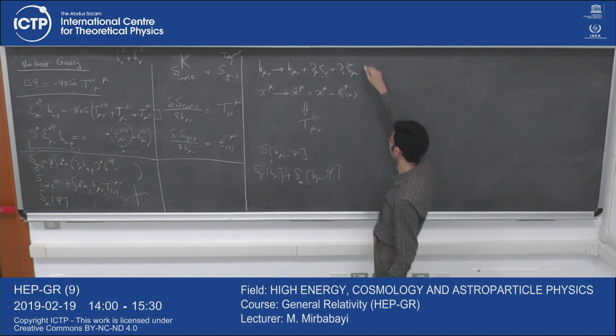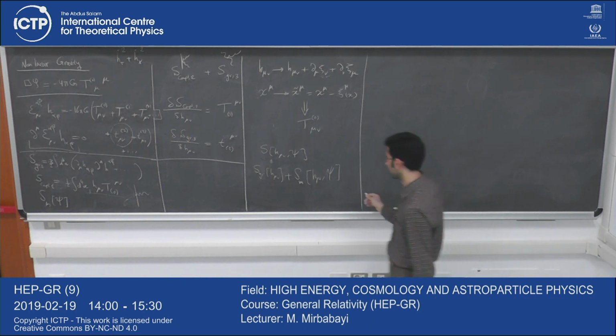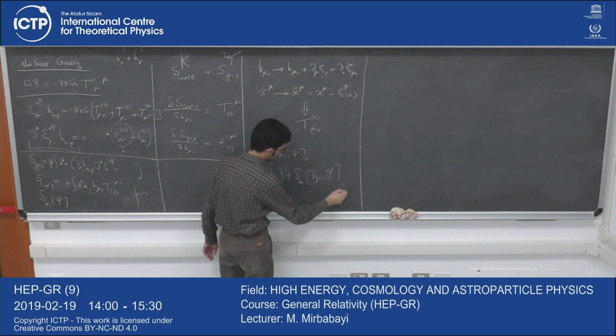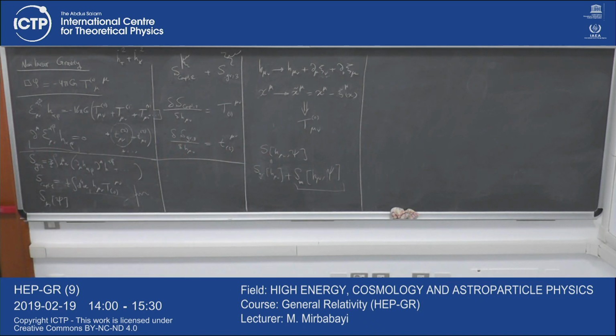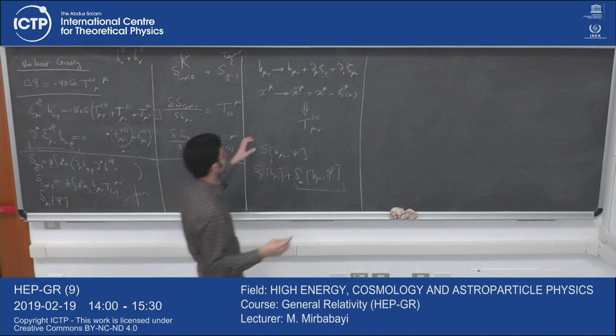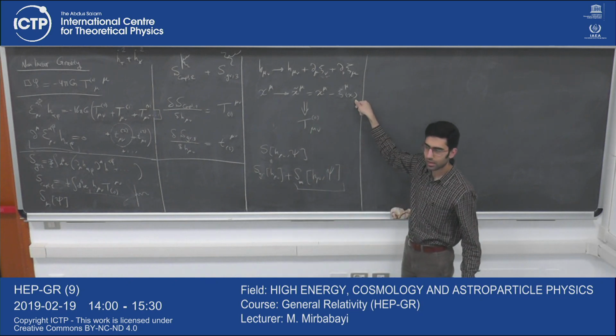And now, at least in this section, we want to ask what would be this matter part of the action. Let's first focus on the matter part and see how we would construct the matter action that is invariant under the local coordinate, local translation.